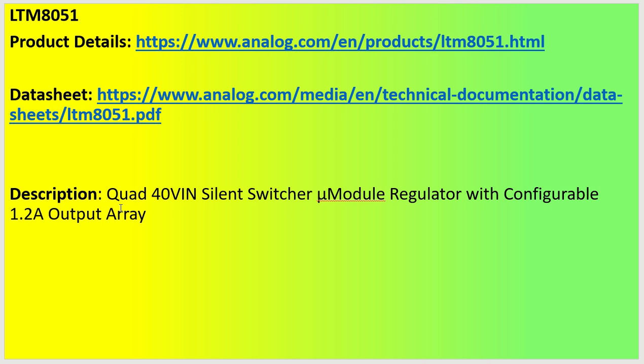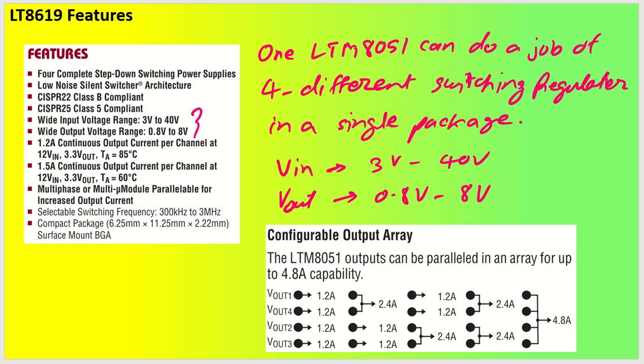As you can see, it is a quad 40 volt input silent switcher micro module regulator with configurable 1.2 ampere output array. If you see the features, it has 4 complete step-down switching power supplies, then it has a low noise silent switcher architecture.